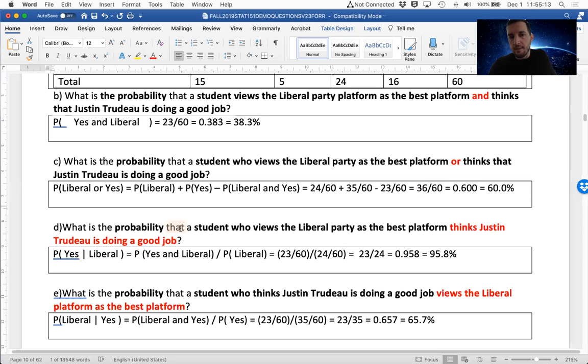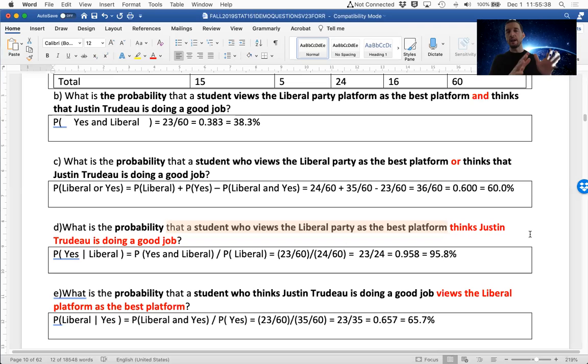And then it says that a student who views the Liberal Party as the best platform. Okay, so what this is telling you is that this student already views the Liberal as the best. So right off the bat, it's saying to you, the student has this condition. The student thinks the Liberal Party platform is best. Therefore, that statement forms the condition.